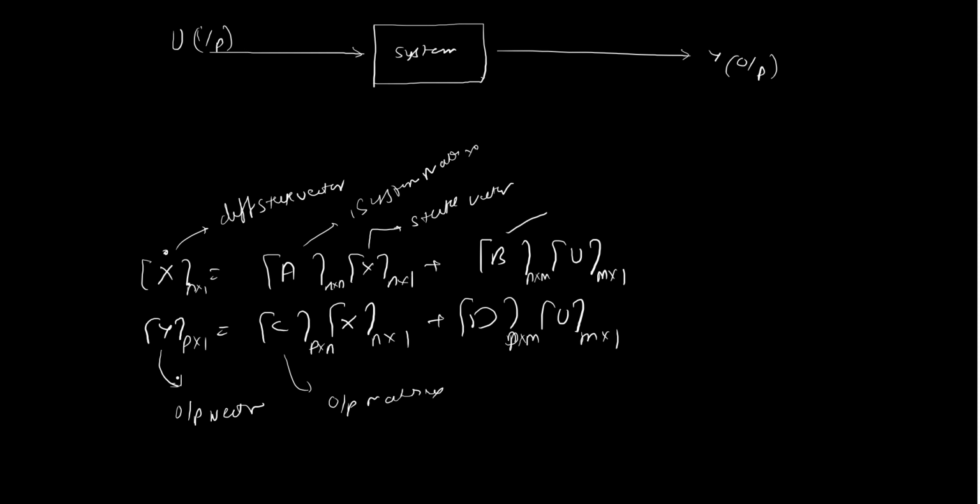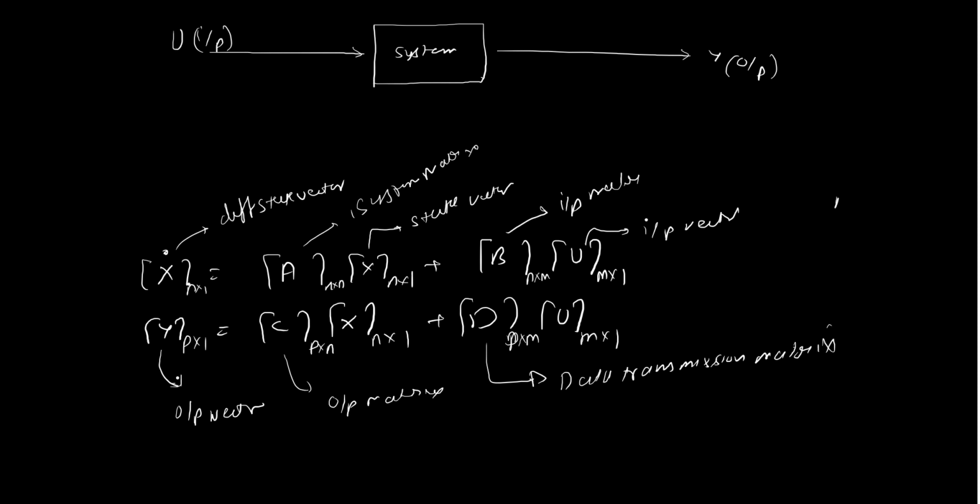This is the input matrix, and this is your input vector. And D is the data transmission matrix.